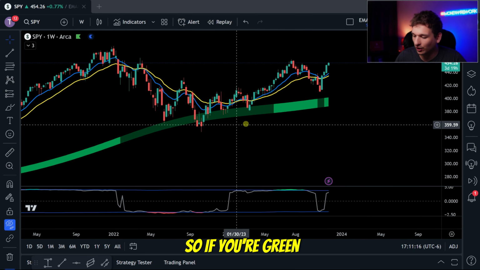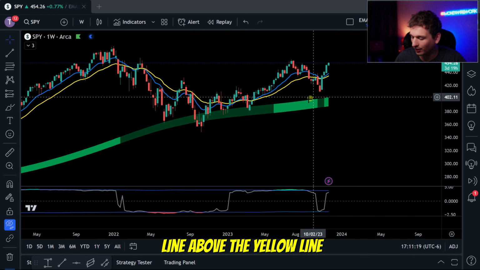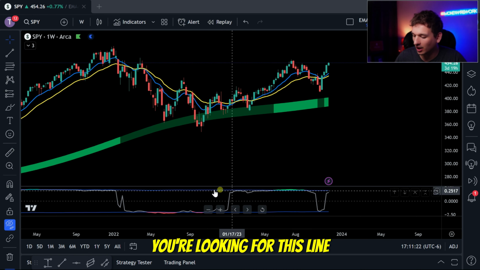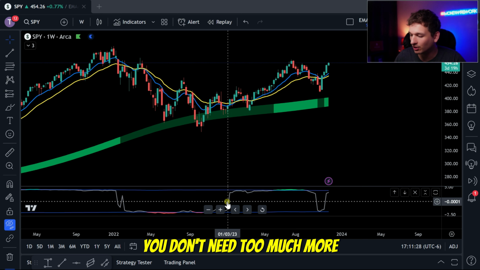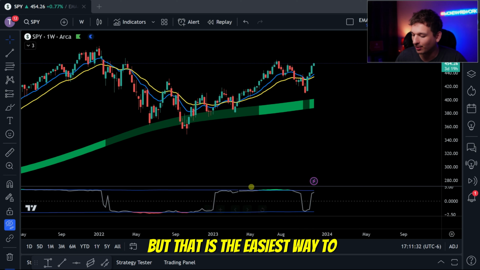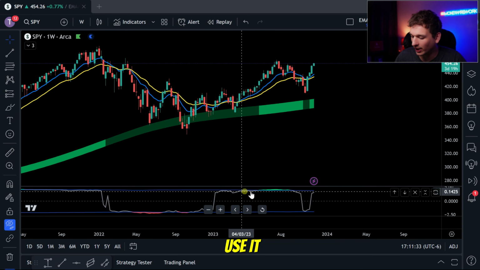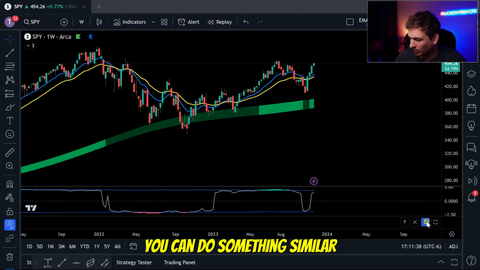So if you're green right here and you have the blue line above the yellow line, you're looking for this line to simply be above the zero line. You don't need too much more than that. You can dig deeper, drill down deeper, but that is the easiest way to use it, and therefore I like it on the logarithmic.